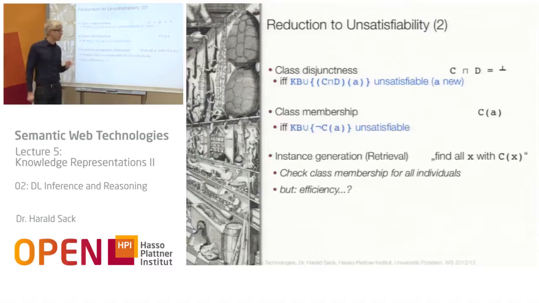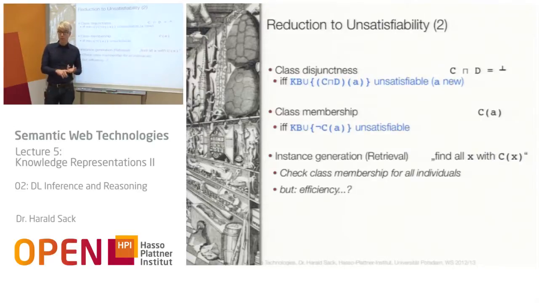So if we consider our principal problems, we have to transform them to an unsatisfiability problem to be able to apply the automatic entailment algorithms that we have to adapt, the resolution algorithm or the Tableau algorithm.